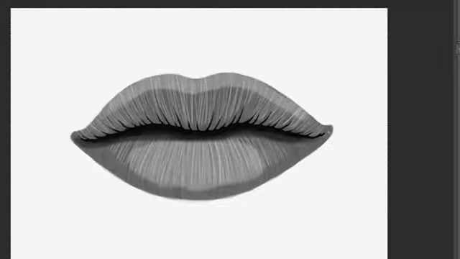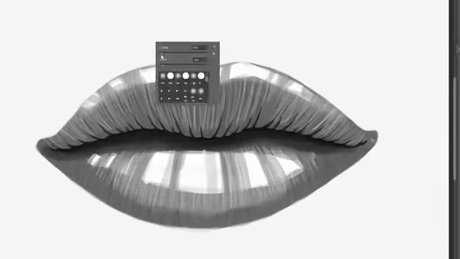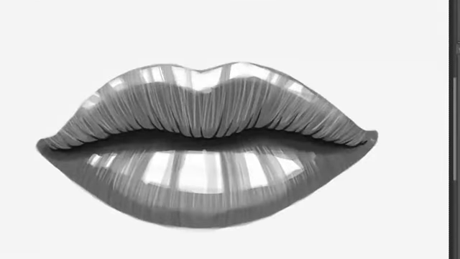You don't necessarily have to follow my shapes exactly here. Instead, just try to imagine which areas of the lips get the most light. Finally, we can add the same gloss layer of the abstracted version and edit it a bit.